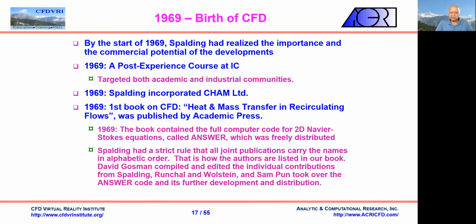So that is how the authors are listed in our book. Actually, David Gosman was the compiler and editor of individual contributions from Spalding, Runchal, and Wolfstein. And Sam Pun was the one who took over the ANSWER code and its further development and distribution, because both Runchal and Wolfstein were leaving, one for Israel and one for India.